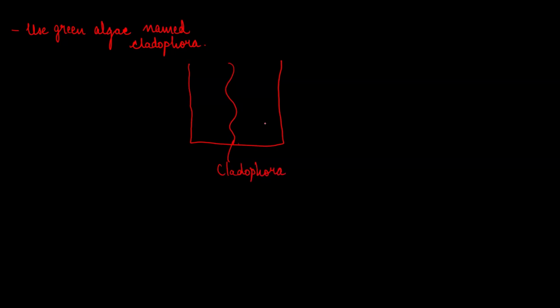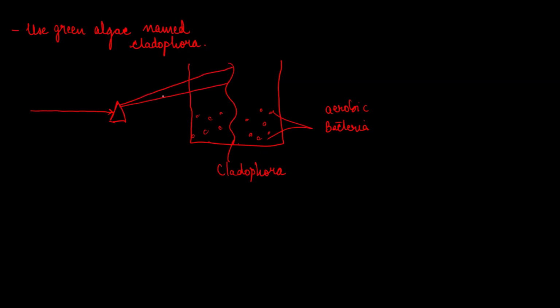In this solution, he also kept aerobic bacteria. The aerobic bacteria were floating in this solution. Now he took the prism and passed white light through it. The white light is scattered and hits different regions of the Cladophora.